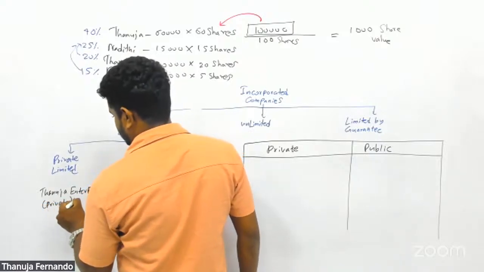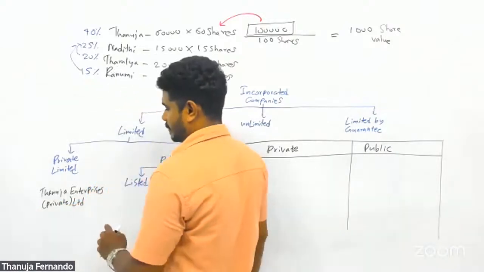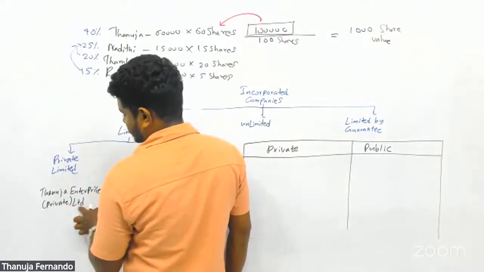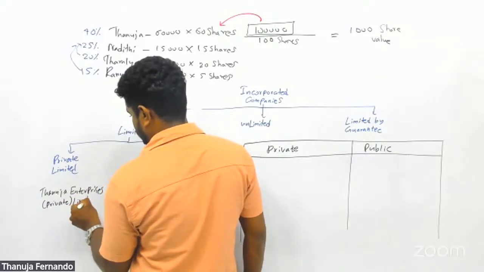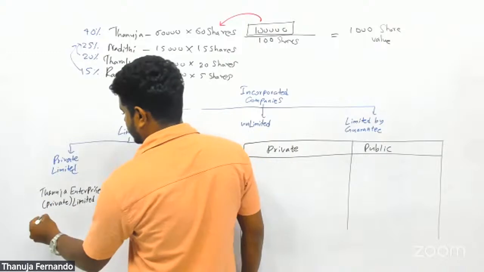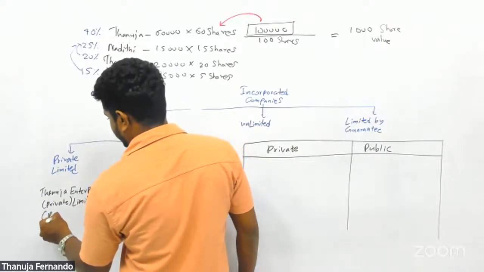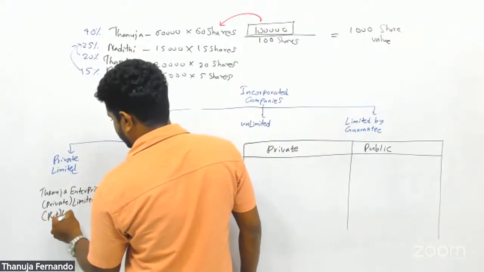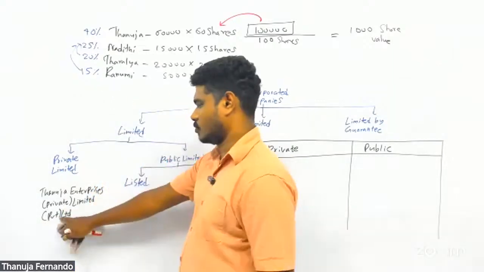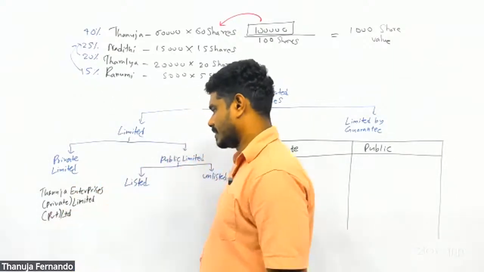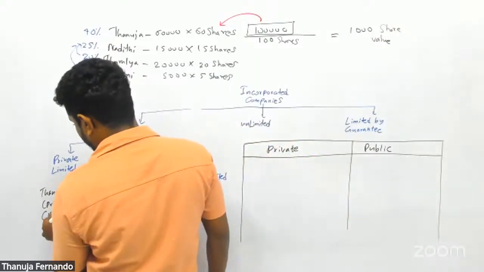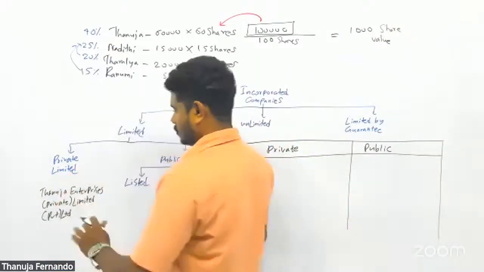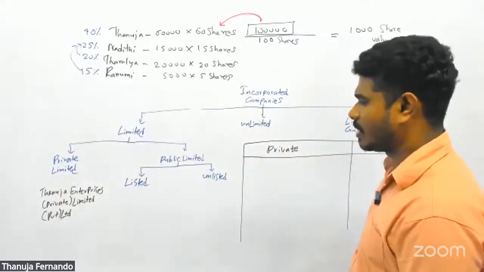Sometimes people mention it as PVT LTD. Both are the same; they are short forms of private limited. So if you see PVT LTD or private limited, this is a private limited company.